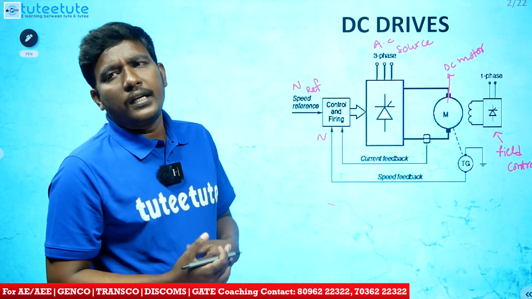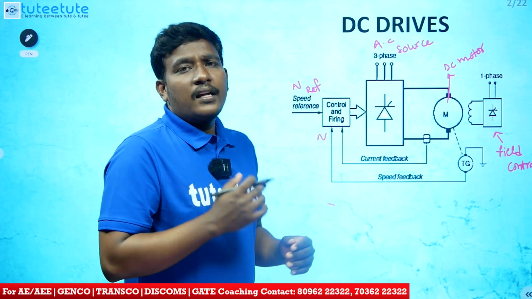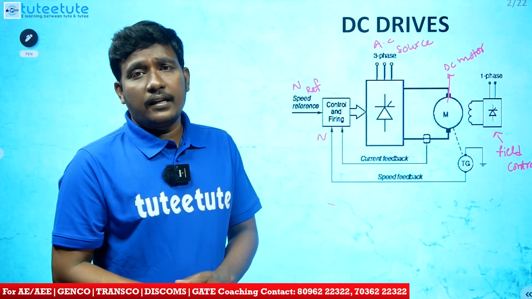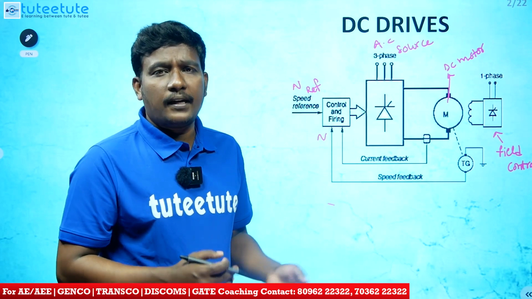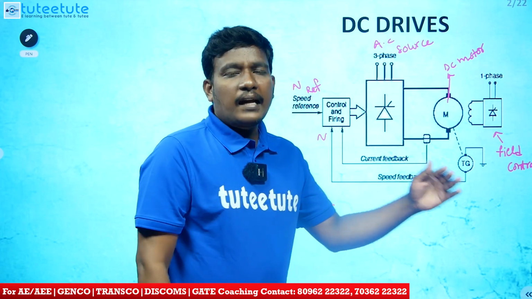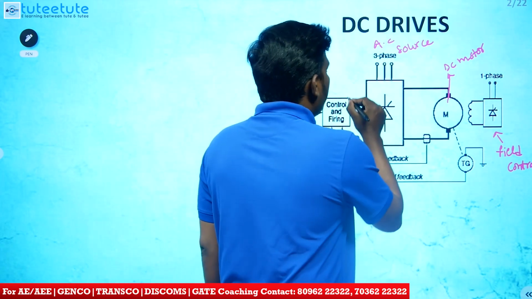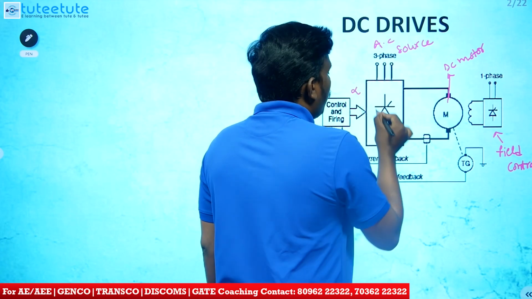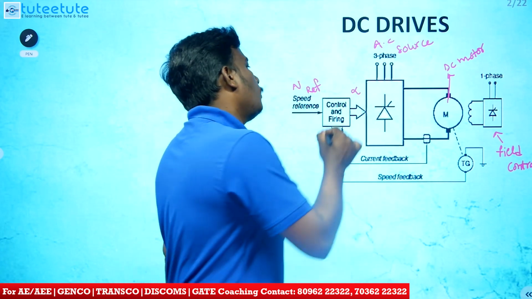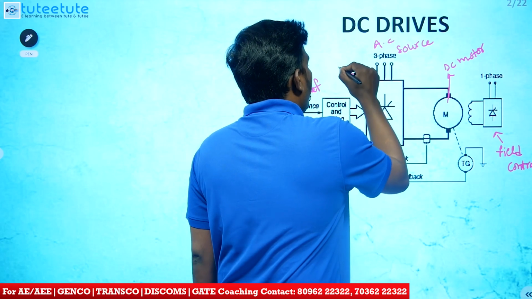This control unit will compare the reference speed given by the operator and the speed measured from the motor, so that it will generate, in our case since it is a converter, the firing pulse.